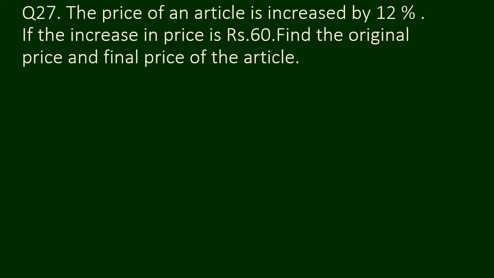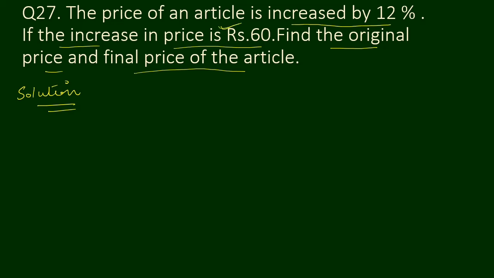Next we have question number 27. The price of an article is increased by 12%, and if the increase in price is rupees 60, find the original price and final price. What will you do for it? See, the increase in price is already given, that is rupees 60, but the original price is not given.